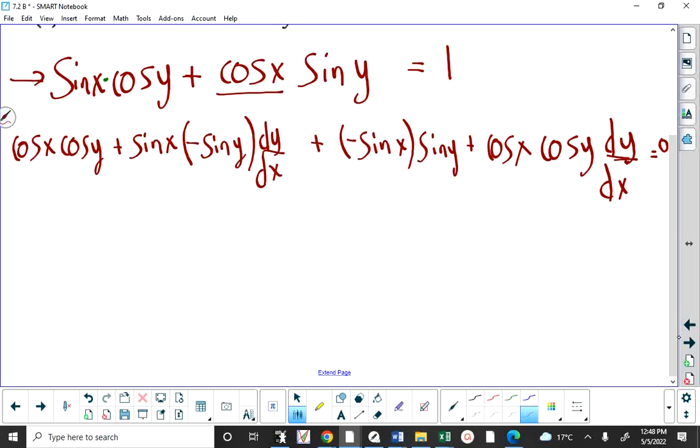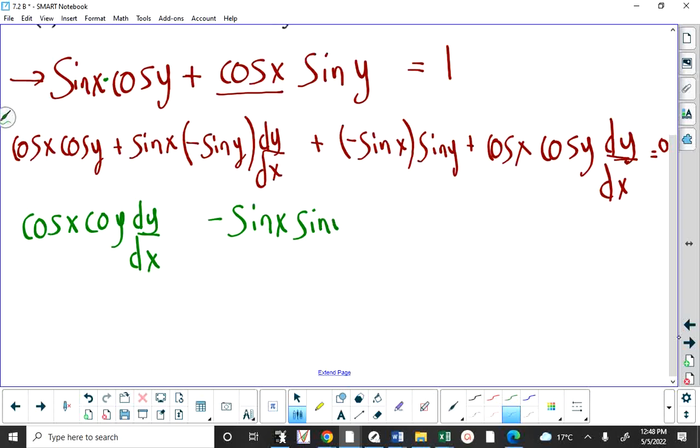I'm going to leave the dy dx terms here. So I have cos x cos y dy dx, and then I have minus this term of sine x sine y dy dx.